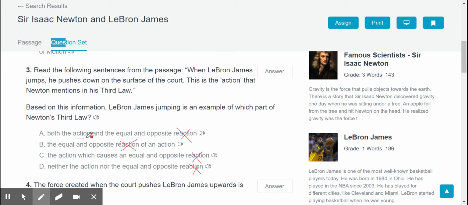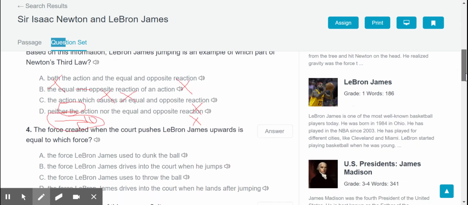So both the action and, nope, not that. Neither the action. So we just said which one it was. Is it the action or is it not the action? So this is a no. So your answer, you should know by now.